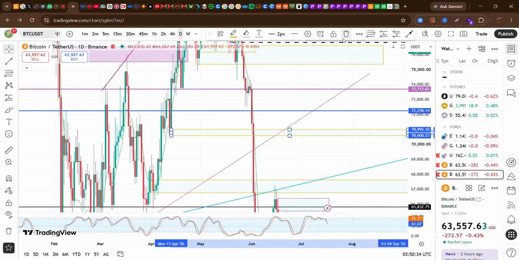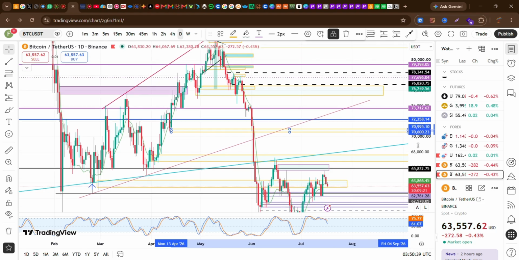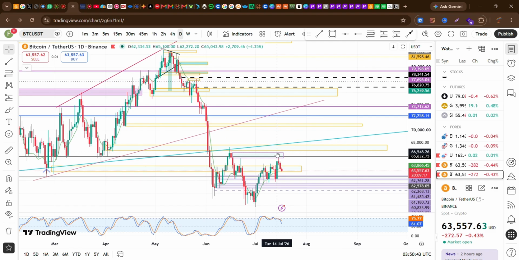Going to extend it, lock it. I always lock my drawings on the trading view just so that I won't mistakenly draw it out when I'm not supposed to.